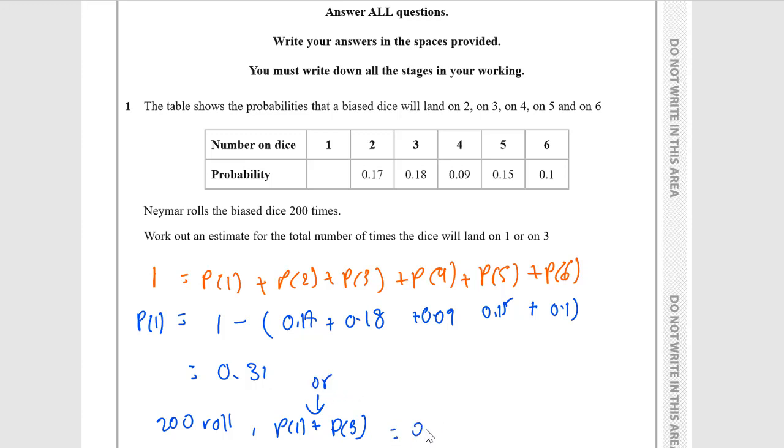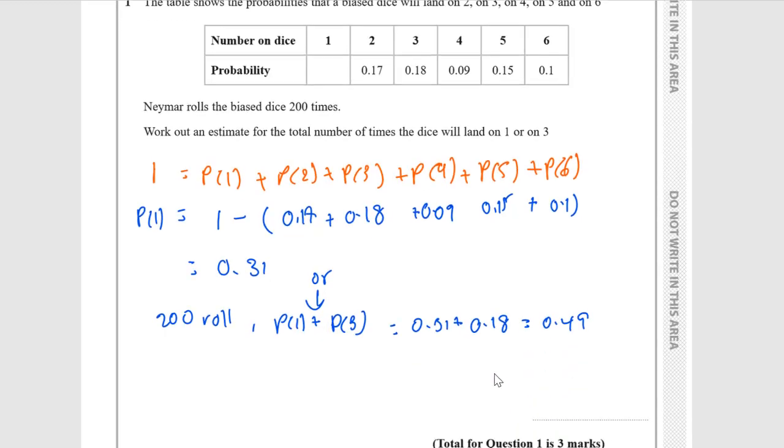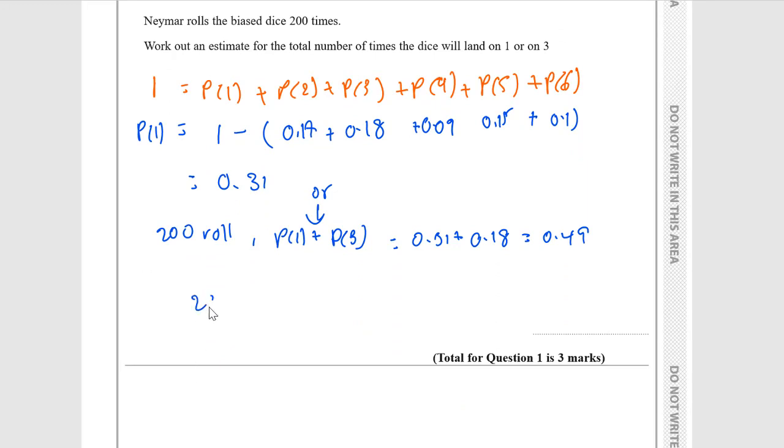So that's 0.31 plus 0.18, which gives 0.49. 200 times 0.49 gives you 98. So you can estimate that if you roll the biased dice 200 times, you will land on 1 or 3, 98 times. That's the estimate.